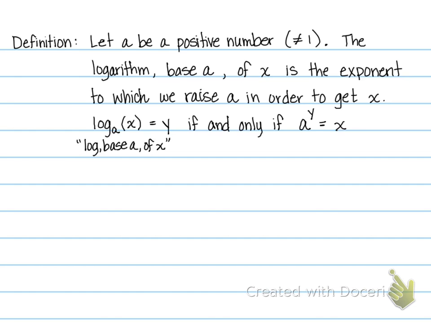A lot of people will say log of a to the x, which makes it sound a whole lot like you're taking the logarithm of a raised to the x power, which isn't what this is. It's log base a, so the base of the logarithm is a, and the thing we're taking the logarithm of is x. So saying it correctly helps us understand exactly what the expression is. I promise I'm not just being super picky about it.